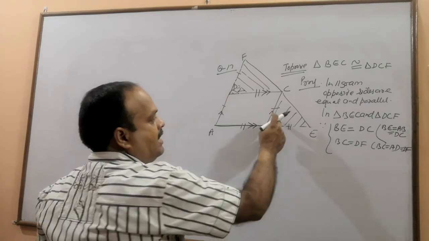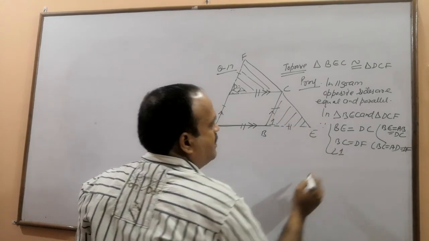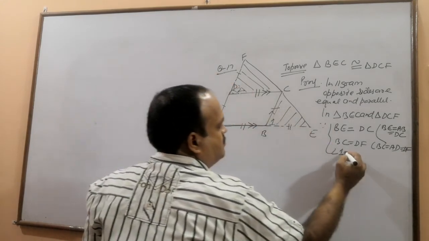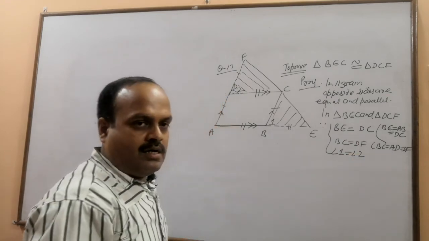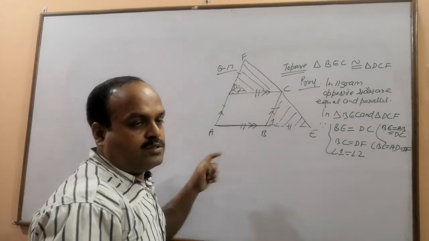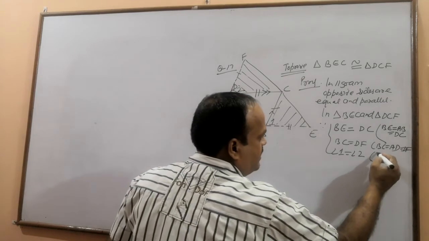तीसरा क्या आपने लिखा? एंगल 1 इक्वल्स टू एंगल 2. ये क्यों होगा? ये भी नहीं दिया है 1 2 के बराबर. So how have you got? Please show it here.